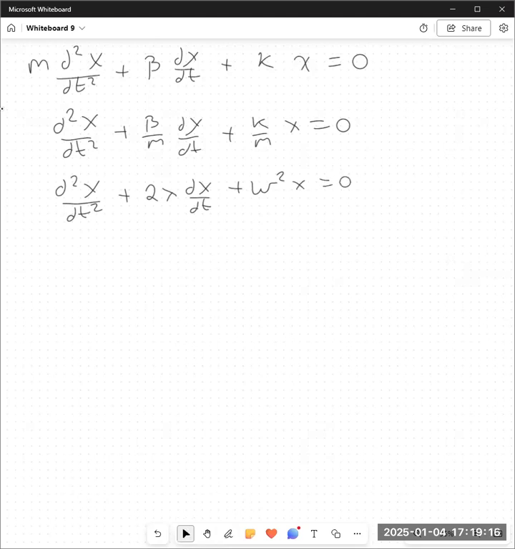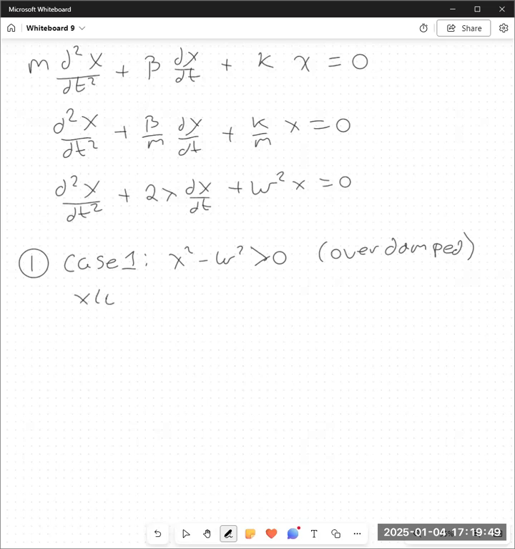And then we can come up with our 3 cases that we had previously for solving linear differential equations of higher order with constant coefficients. So case 1 is going to be when lambda squared minus omega squared is greater than 0. We're going to have distinct real answers. We're going to call this overdamped. And it's going to have a solution x of t.